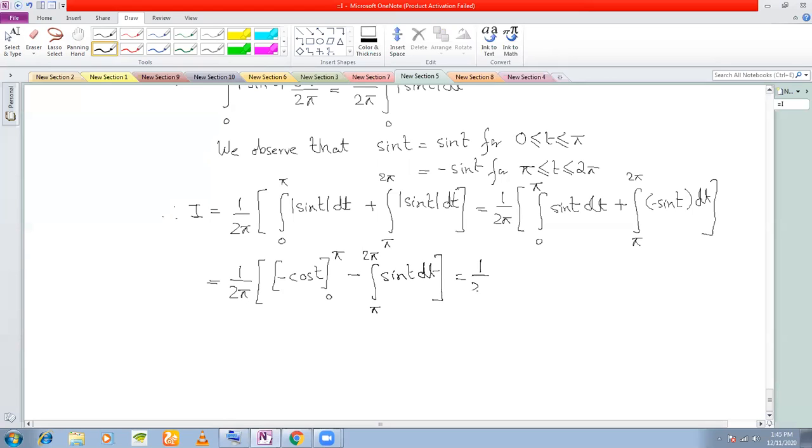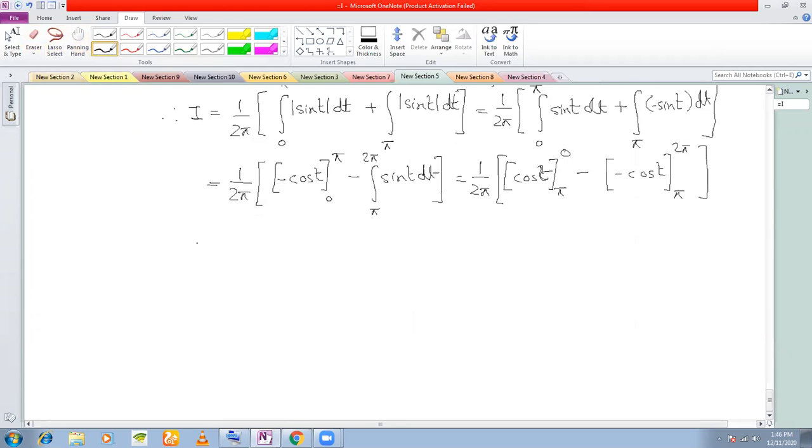Since there is the minus sign, we make it positive and the limits change, so it becomes pi to 0, and sine t becomes minus cos t, between the limits pi to 2 pi.